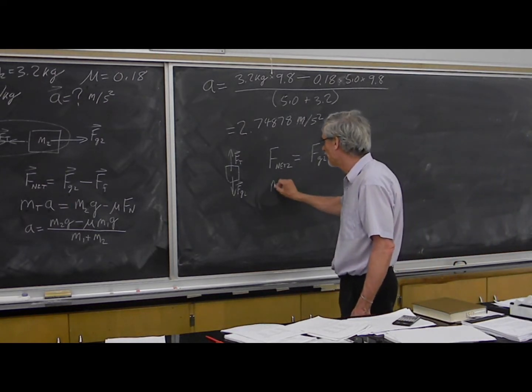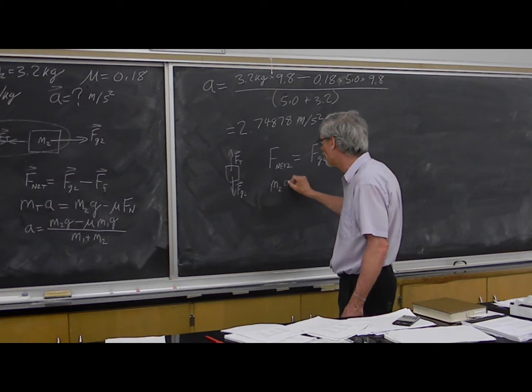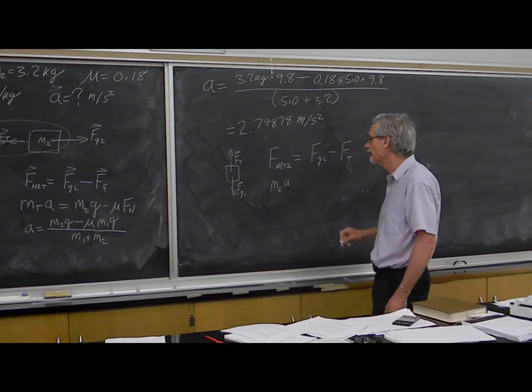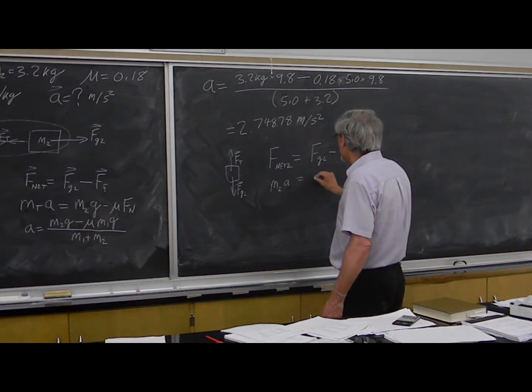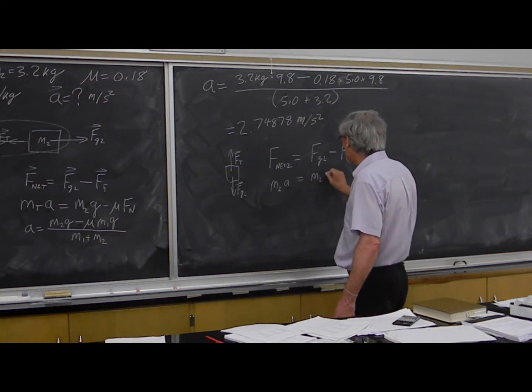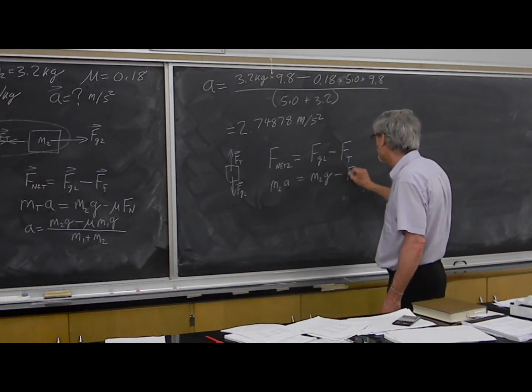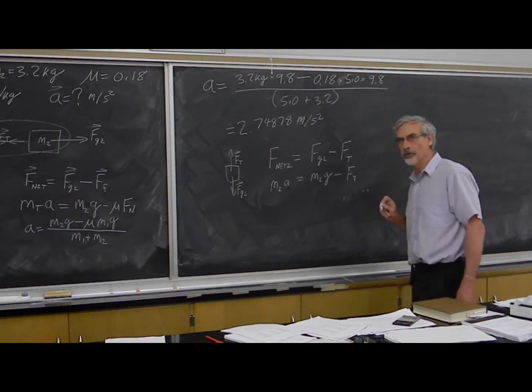F net from object 2 is m2 times a. We've just calculated the a from here. This is going to be m2 times g, and this is our unknown.